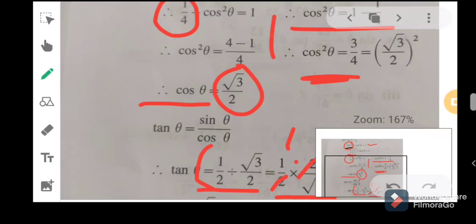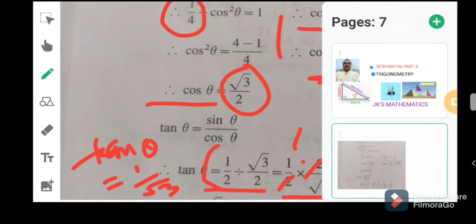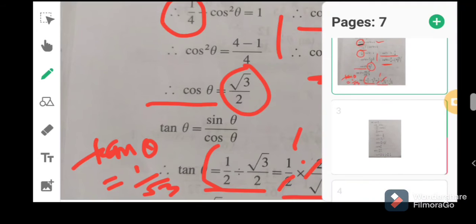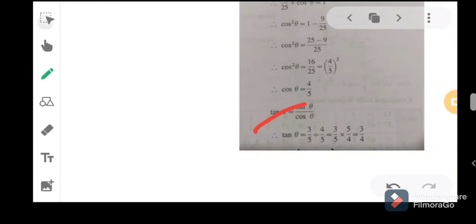So the value of tan theta equals 1 upon root 3. 1 by root 3 is the value of tan theta. Okay friends. Similar other examples are there, so see this one.